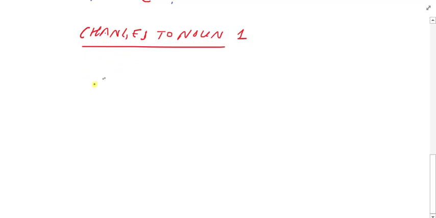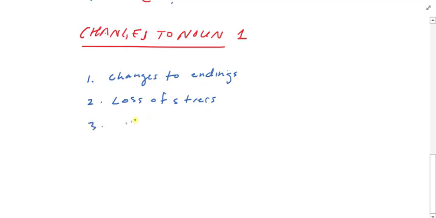First of all, you could have changes to the endings. Okay? There could be some changes to endings. Number two, you will have loss of stress.